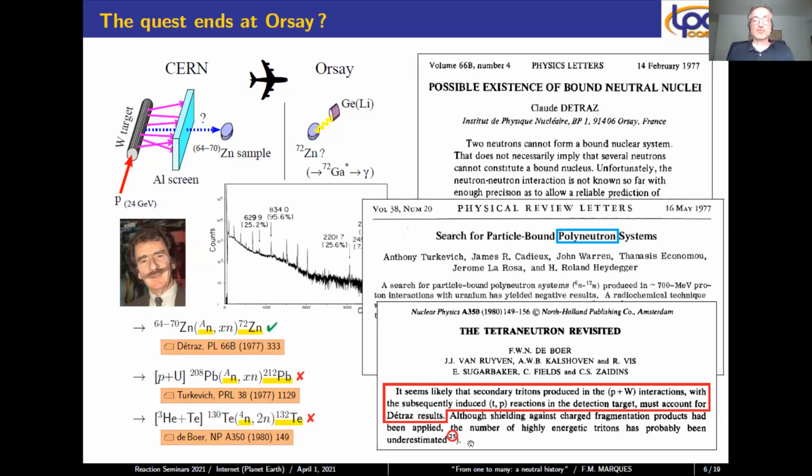The reference of this paper, reference 25, is a private communication with Detraz. So after these few years, the question was settled. They said, okay, we thought multineutrons existed, but now we know they don't exist.